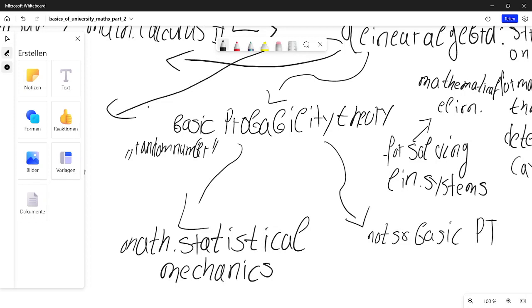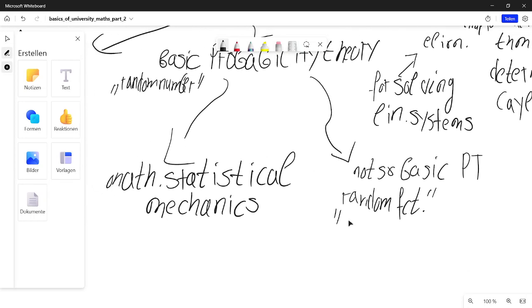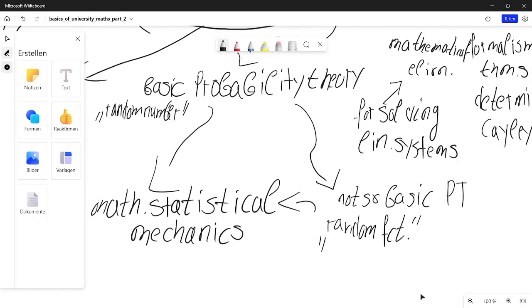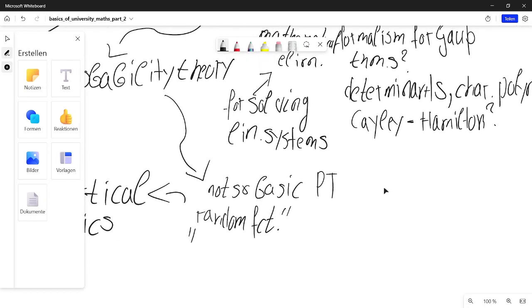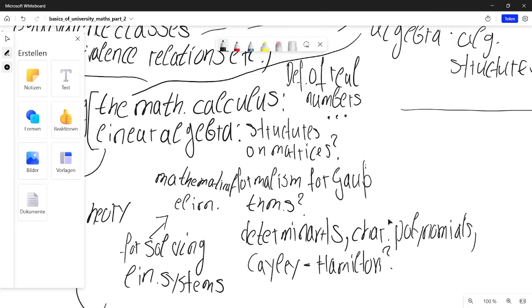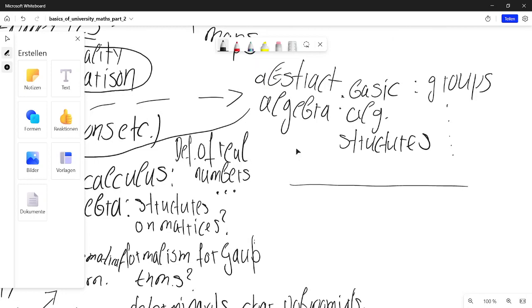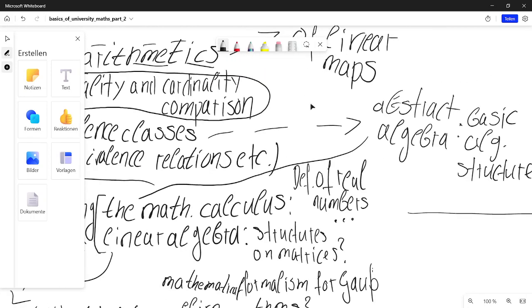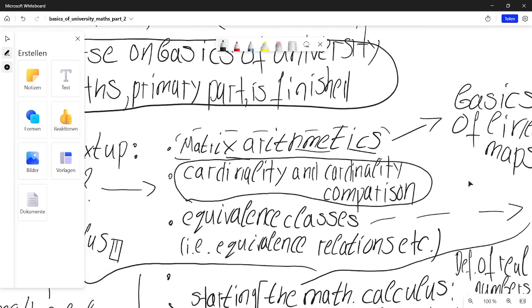Probability theory. It's actually more like this, but okay. Well, we'll see about that, where we'll get with it.